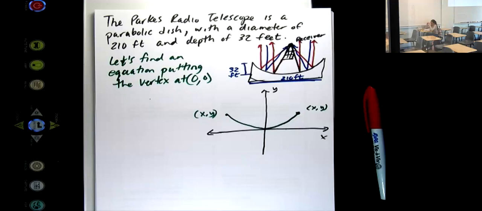It says the Parkes radio telescope is a parabolic dish with a diameter of 210 feet. What can I do with that?